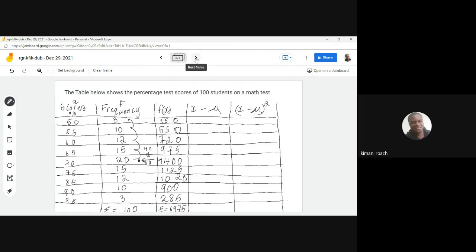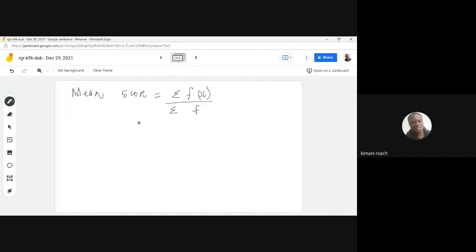So now that I know what my sum of fx value will be, 6,975, I can divide that by my total frequency, which is going to give me 69.75. And we're just going to round this to the nearest whole number. That's 70.